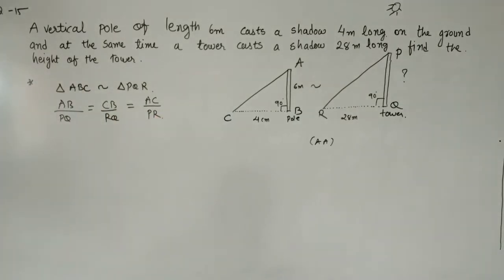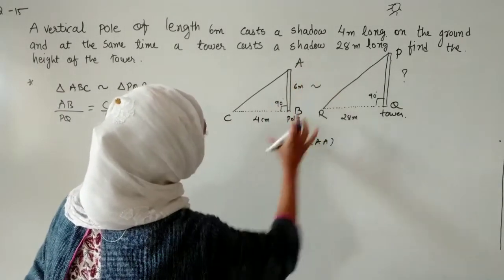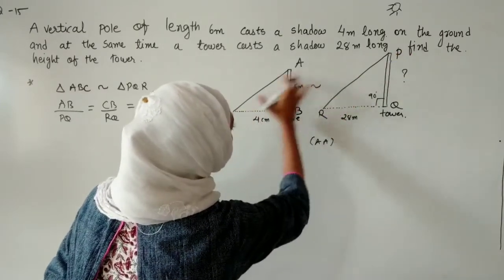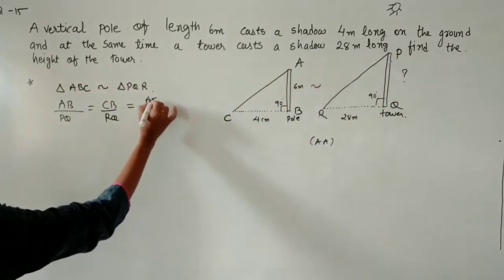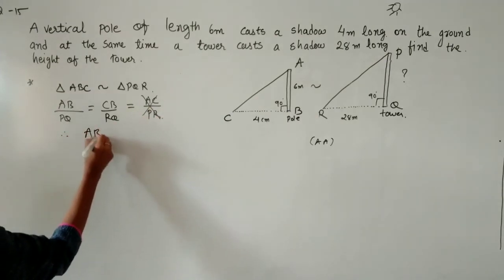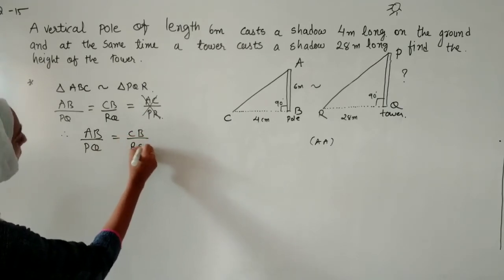But here, as I told you, we want AB, CB and PQ. So we will not consider this side. We will just take AB by PQ, which will be equal to CB by RQ.